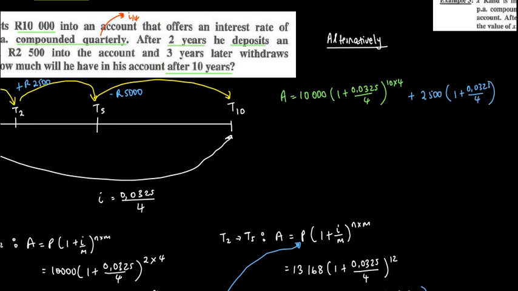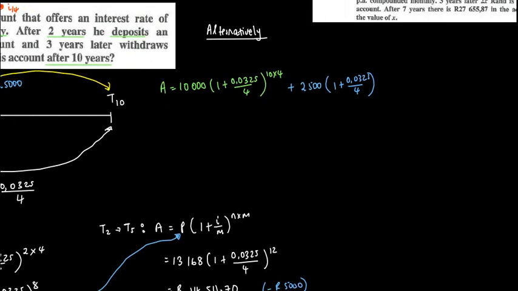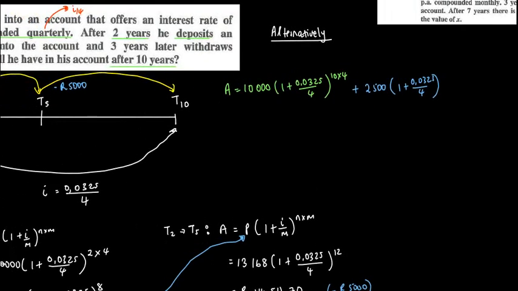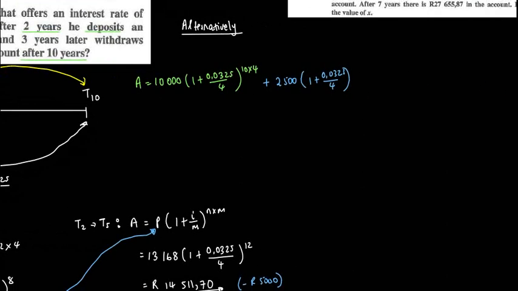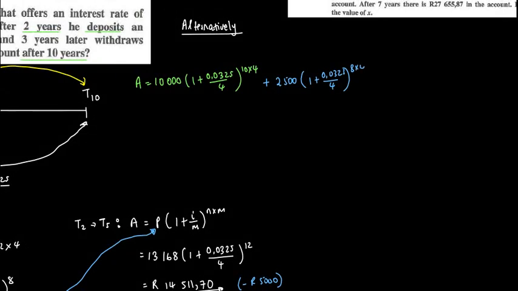Like I said, it's going to be long on this side, but then it's going to earn interest for how many years? From T2 to T5, right? So it's going to earn interest from T2 all the way to the last end, as if it was not disturbed. You act as if the amounts are not disturbed at all. So it means you're gonna say for 8 years. So here you're going to say 8 years, which means you're gonna say 8 times 4.